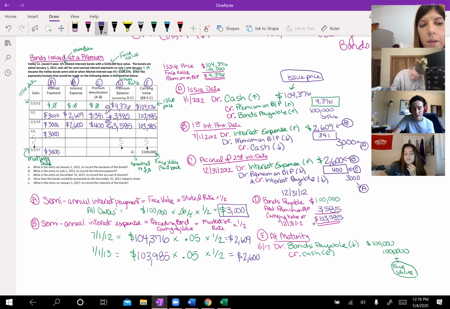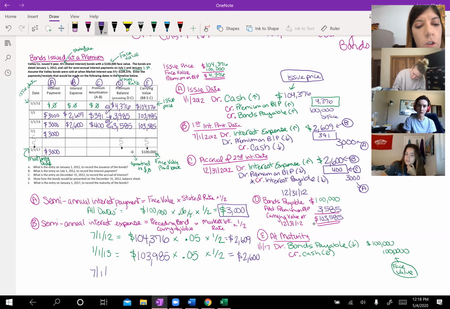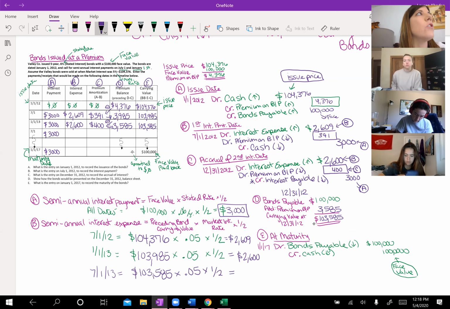For the last payment date that you were required to do, interest paid still 3,000. July 1st, 2013. What's the preceding bond carrying value? $103,585 times 5% paid per year, or market interest per year, times 1/2.